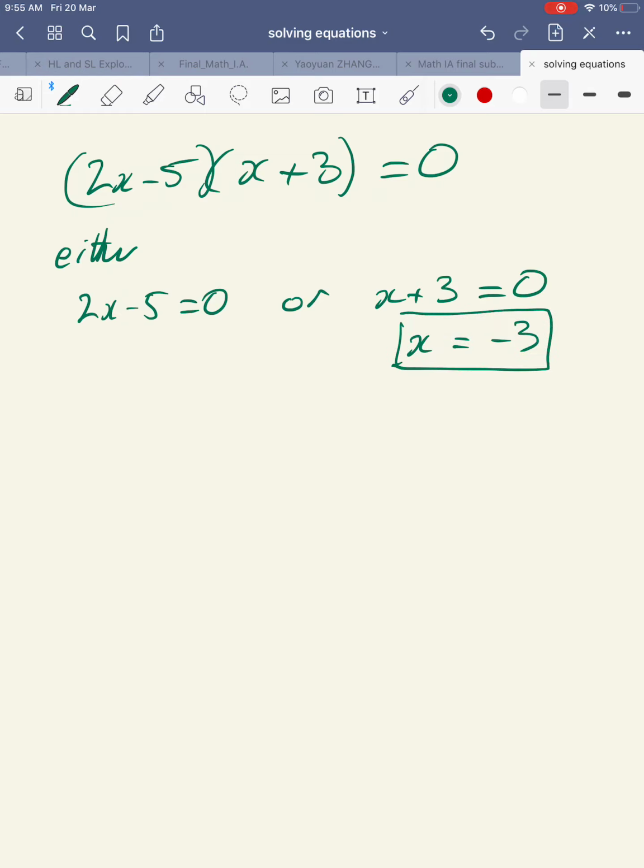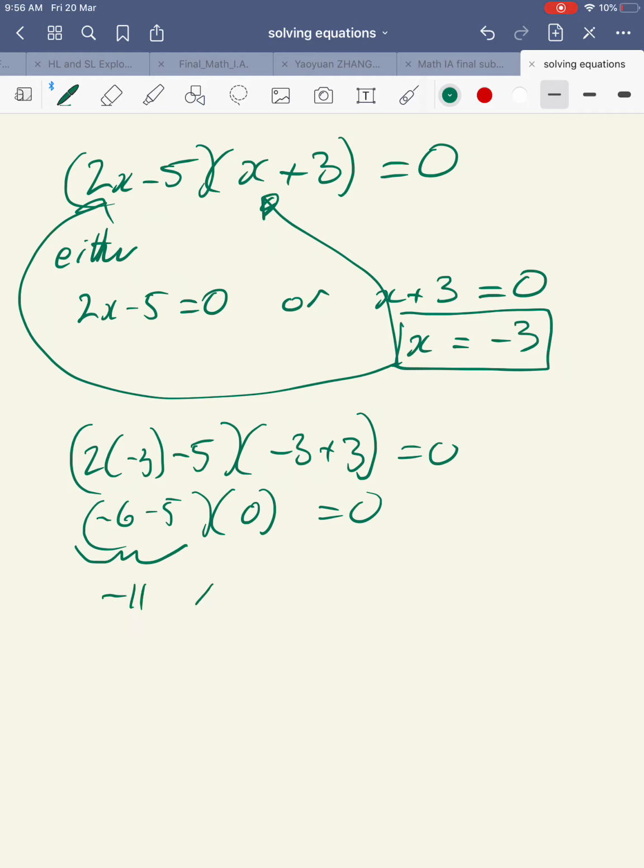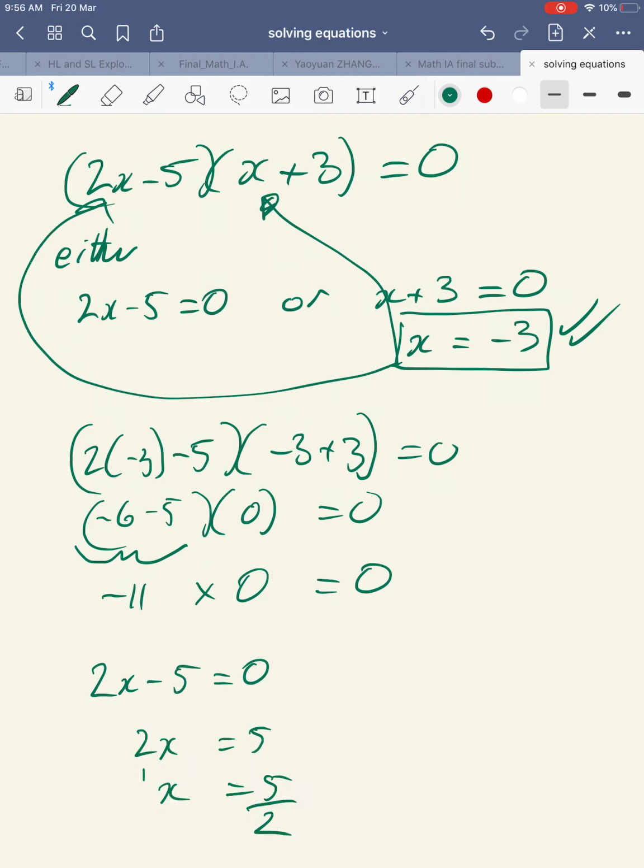Now let's test x equals negative 3 back into our equation. 2 times negative 3 minus 5 is in the first bracket, and negative 3 plus 3 in the second bracket. 2 times negative 3 is negative 6, minus 5, times negative 3 plus 3, which is 0. So it doesn't matter that this bracket becomes negative 11, because negative 11 times 0 is 0. So x equals negative 3 is one solution. Can you see the other solution? We make 2x minus 5 equal to 0, therefore 2x equals 5, x equals 5 over 2. We have two solutions.